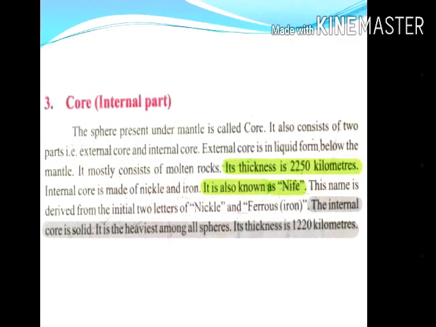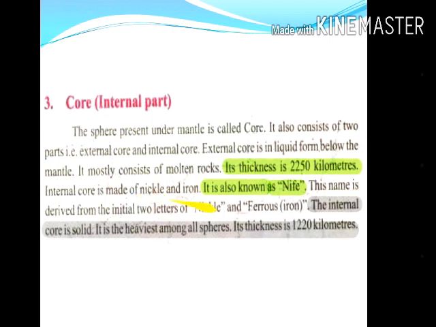External core is in liquid form below the mantle. It consists of molten rocks. Again, molten means liquid form. Its thickness is about 2250 kilometers.